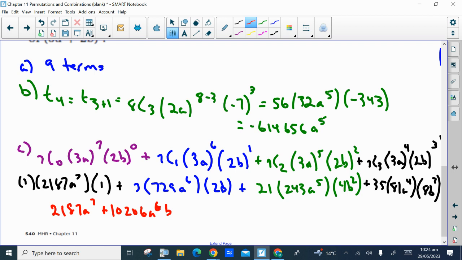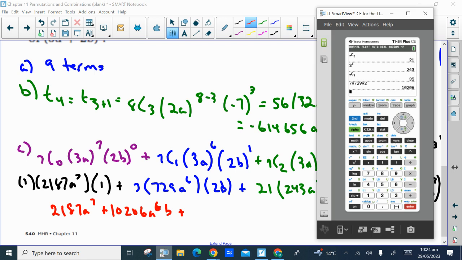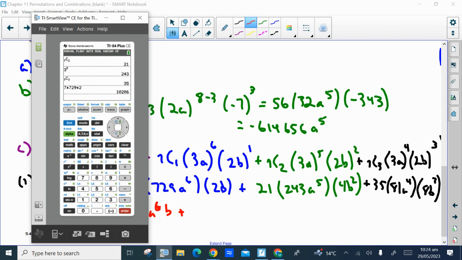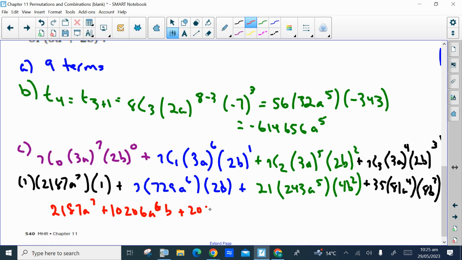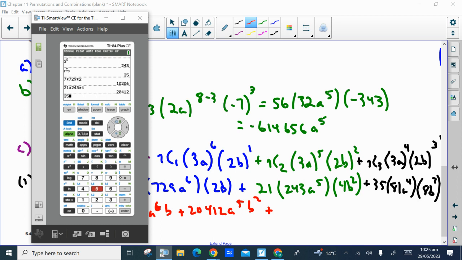N is 7, that's the power on the original binomial, and the sum of the exponents in each term will also equal 7. So the next term, the coefficient we found by going 21 times 243 times the 4, 20,412. A to the 5th b squared. Again, the sum of the exponents equals 7. And the last one, 35 times 81 times 8, 22,680.